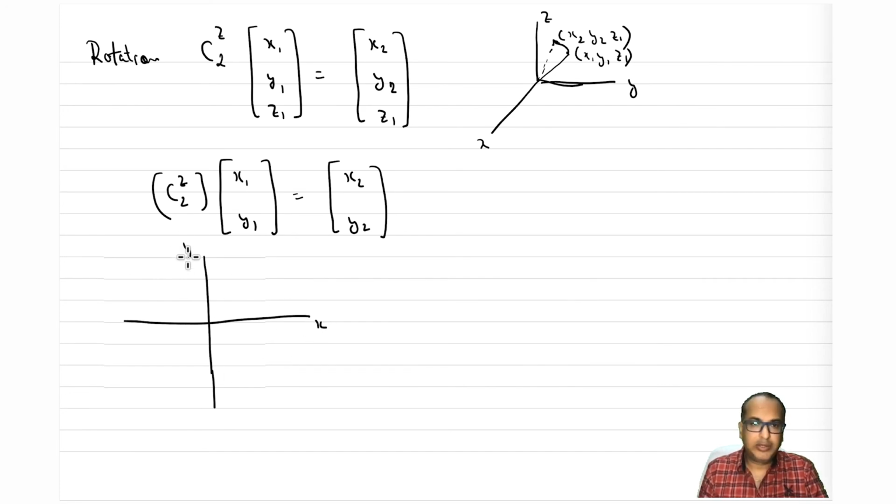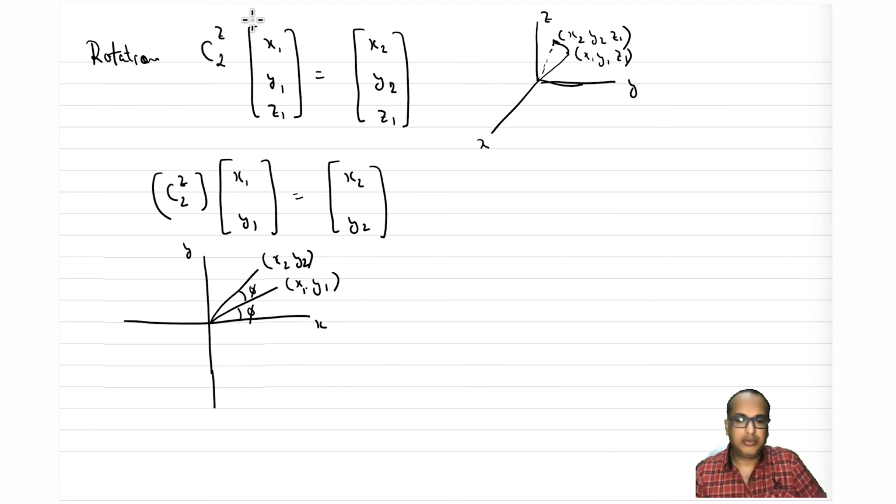We have x, y, x1, y1 moves to x2, y2. Let's call this angle as phi and this angle as theta, and let's call the distance of this point from origin as r, which remains unchanged because we are only moving in this direction.